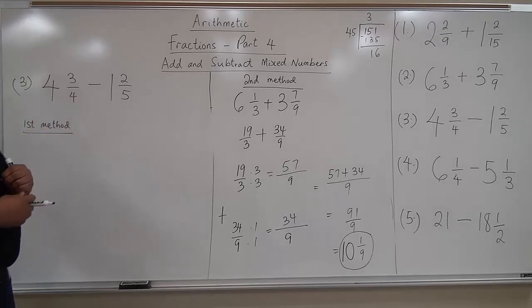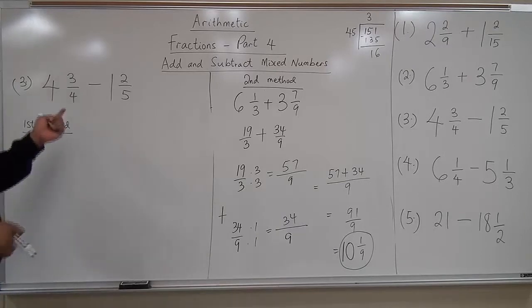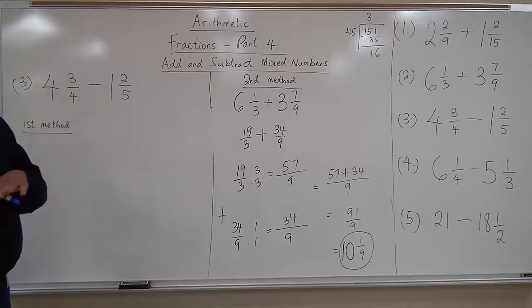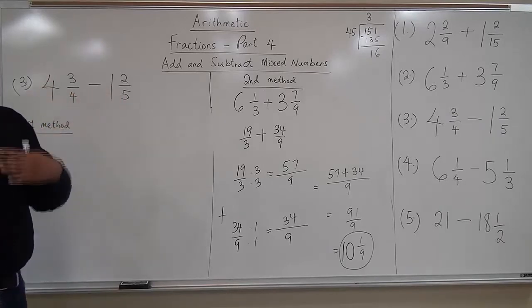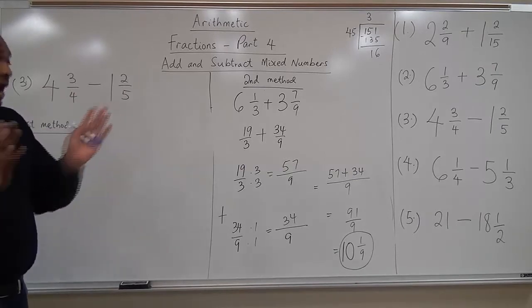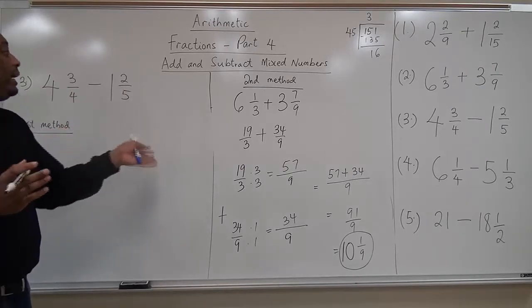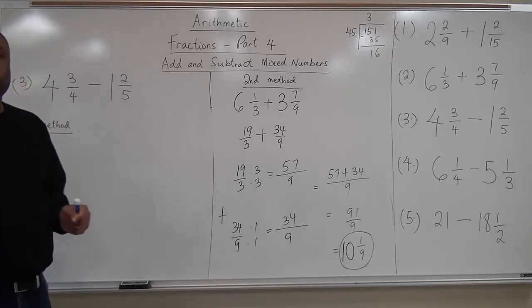That is the same way we do the subtraction. However, this is what we are going to do here. We are going to subtract the integers. Then we will also subtract the proper fractions. Then we won't subtract again. No, we will add whatever we get.